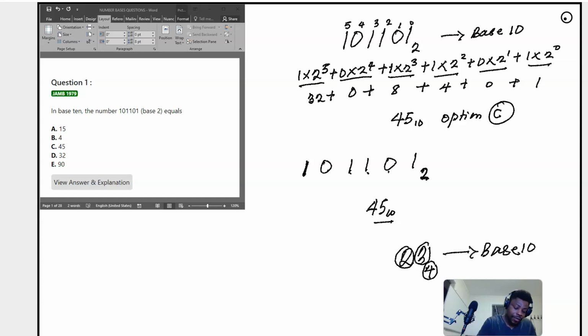Okay, you have something like this: 123 in base 4. Let's do the same thing here. 4 times 1, 4. Okay, plus 2, 6. 6 times 4, 24. 24 plus 3, 27 in base 10. Easy. So we're going to be using this method so that you can be used to using it.